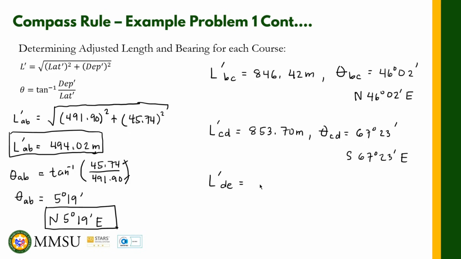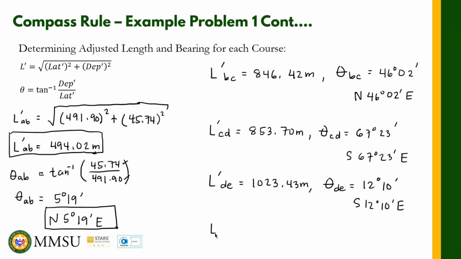So we have the corrected length is 1023.43 meters, and for the theta of DE, okay, we have 12 degrees 10 minutes. Yung latitude niya ay negative, yung departure niya ay positive. So this is also southeast. So south, 12 degrees 10 minutes east.